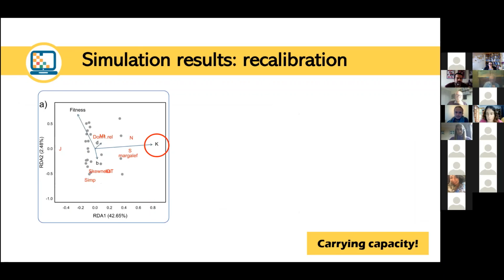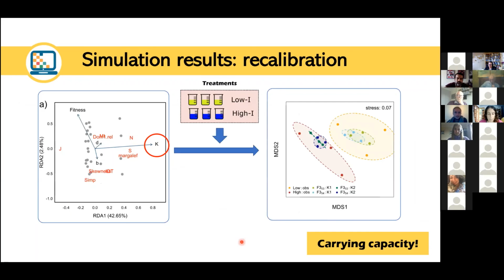So as I said at the beginning of my presentation, failure in simulating treatments would constitute a rejection of the model or a need for recalibration. Given the importance of K, the carrying capacity, in the control, we recalibrated this parameter using the treatment data.